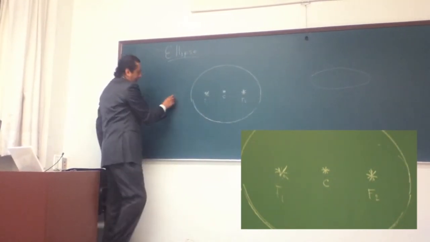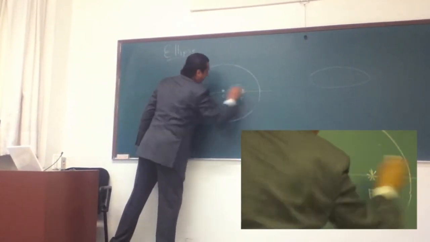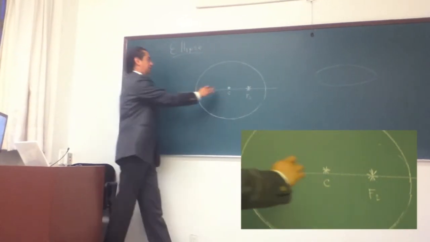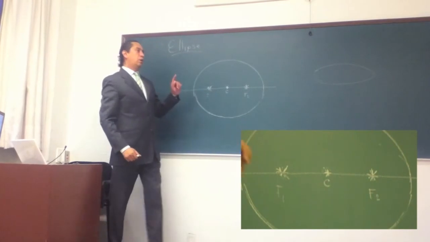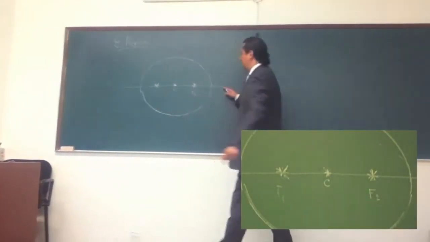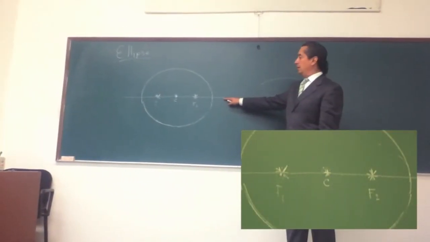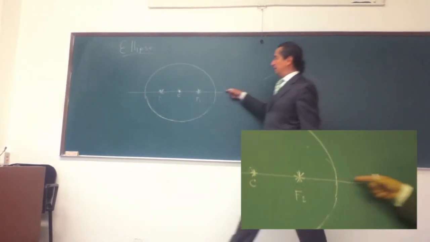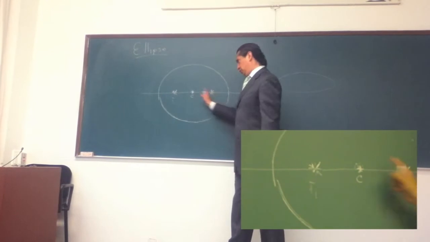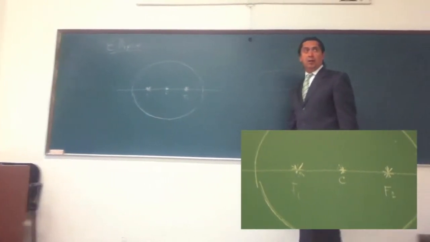If we have the straight line through the center and the foci, we call it the focal axis. The focal axis is the straight line with the two foci and the center.